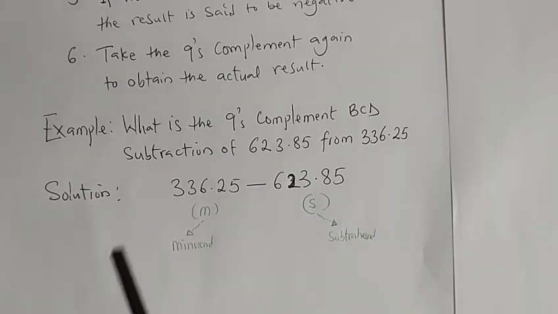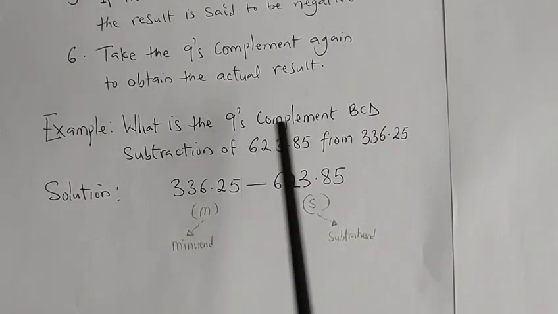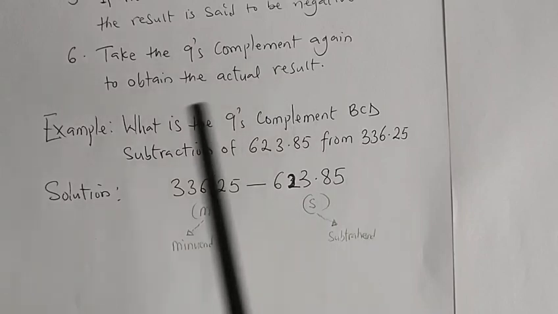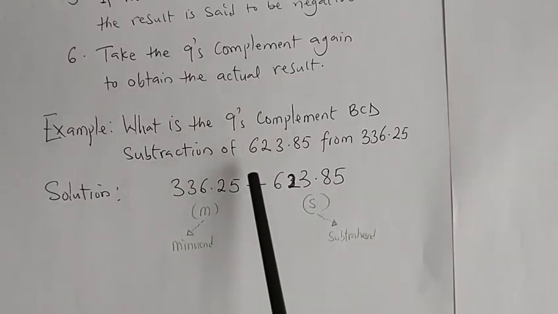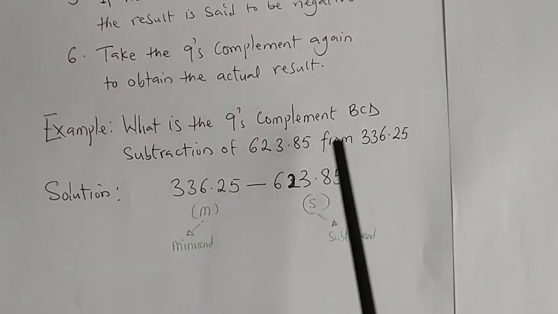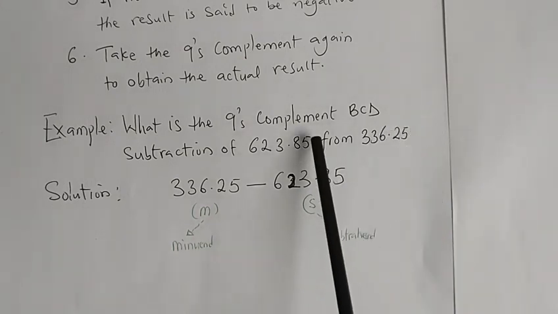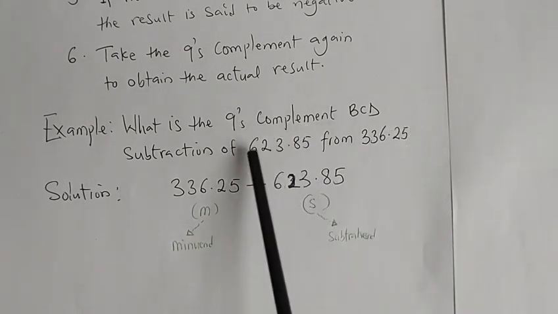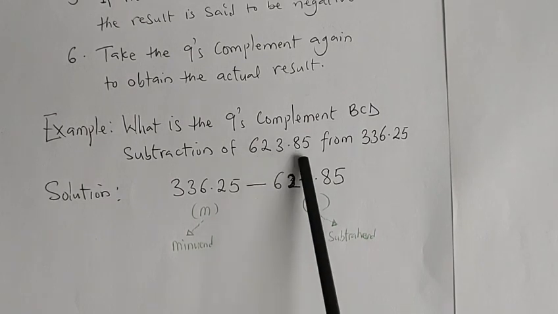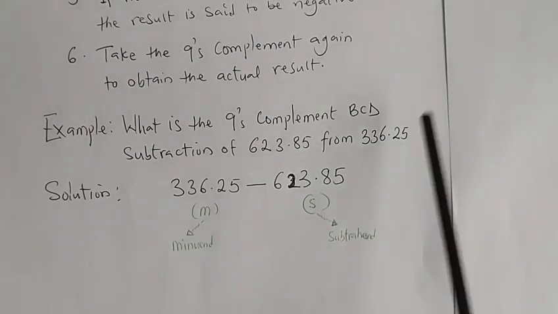Example 1 says, what is the 9's complement BCD subtraction of 623.85 from 336.25? So it means we're going to be subtracting 623.85 from 336.25.